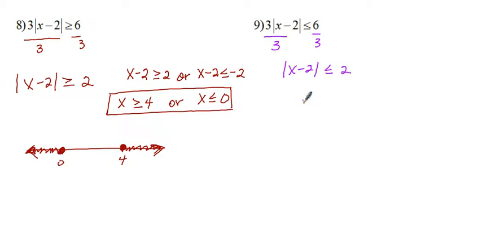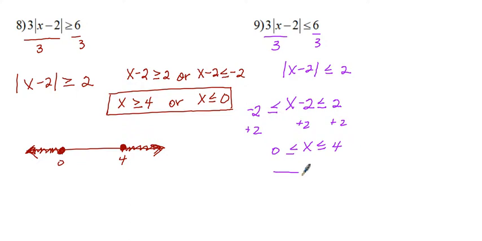So we can go ahead and say, to break you out of absolute value jail, you are less than or equal to 2 and greater than or equal to negative 2. Less than and. To solve that, we add 2 to all sections. So we have x is less than or equal to 4 and greater than or equal to 0.